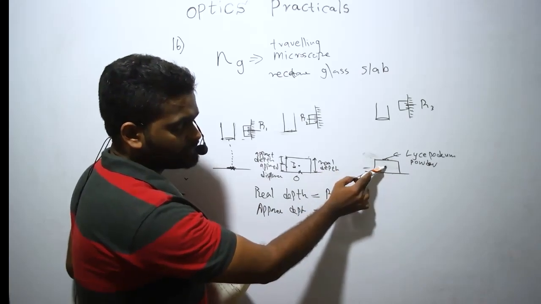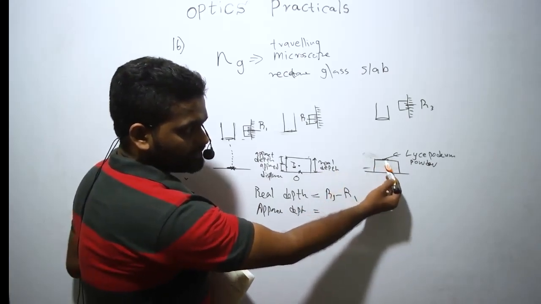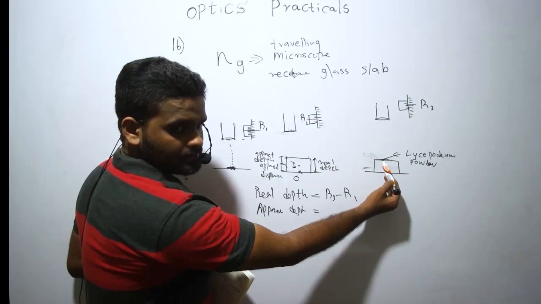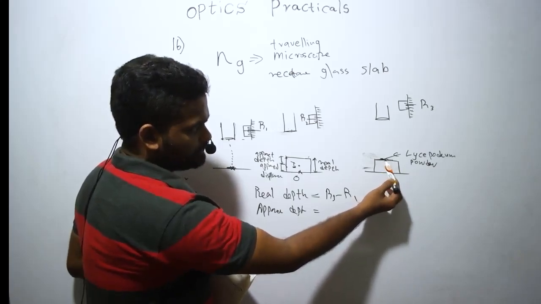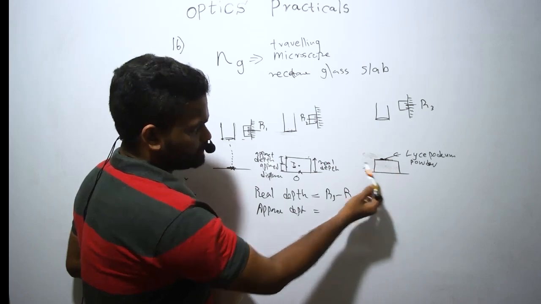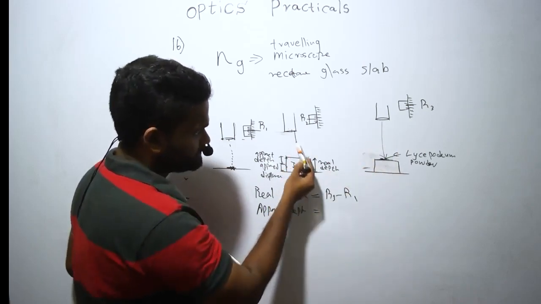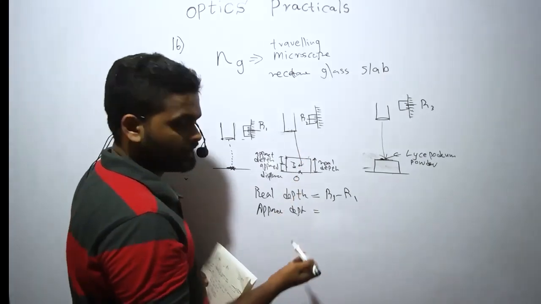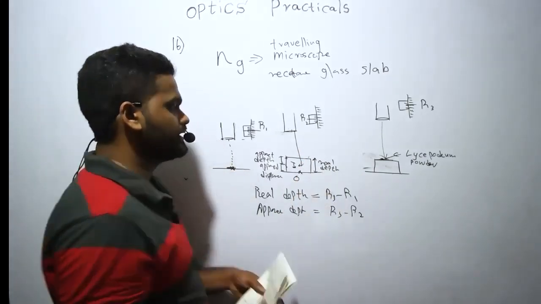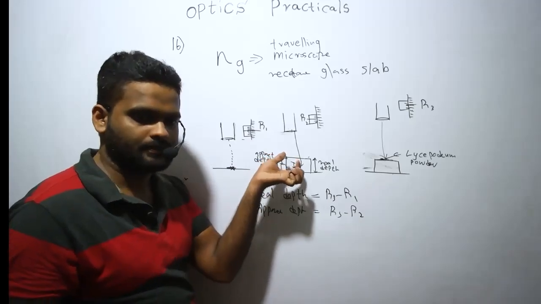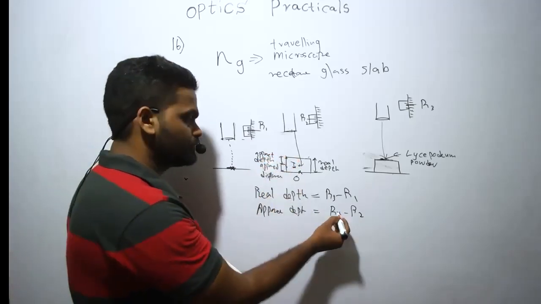Here it is focused to the top of the glass slab, right? R3 is here at the top, R2 is here. So R3 minus R2 should be the apparent depth, right? Take it down. Apparent depth is R3 minus R2.